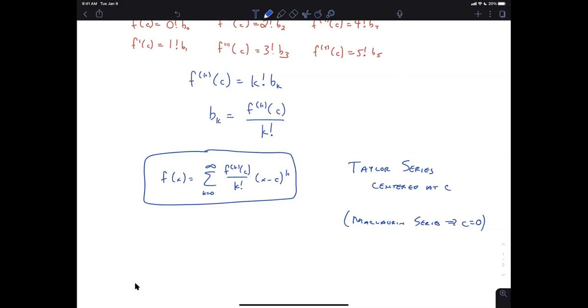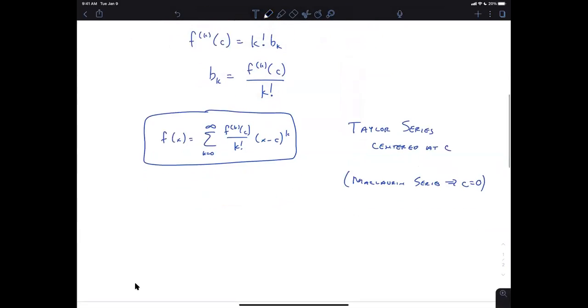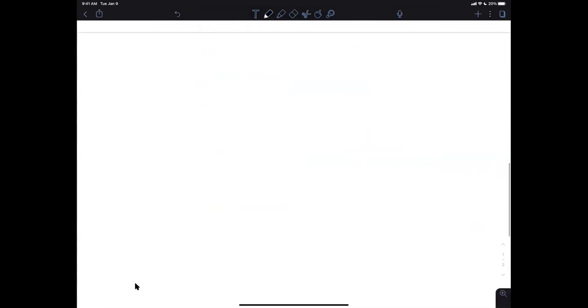But anyway, we're going to do an example where we derive the Taylor series centered at 0 for cosine.